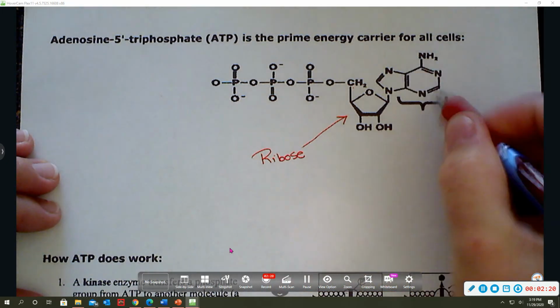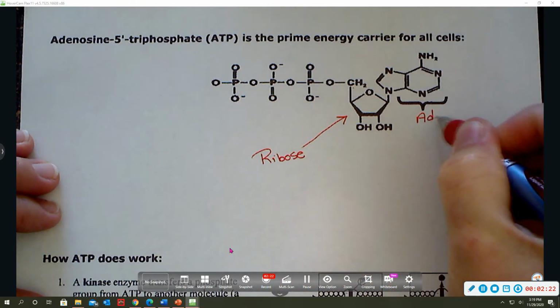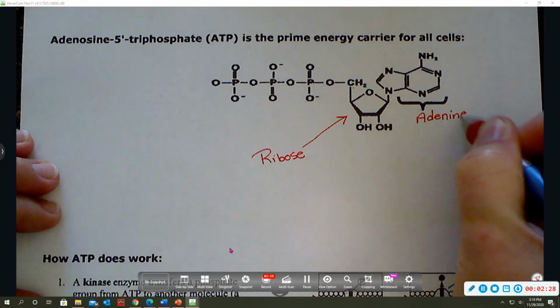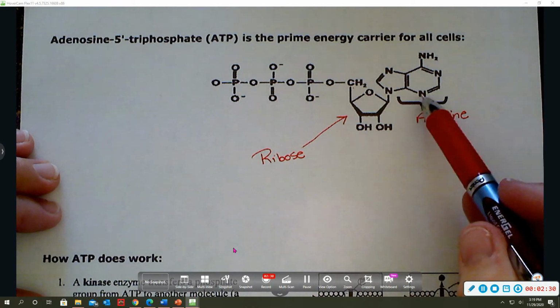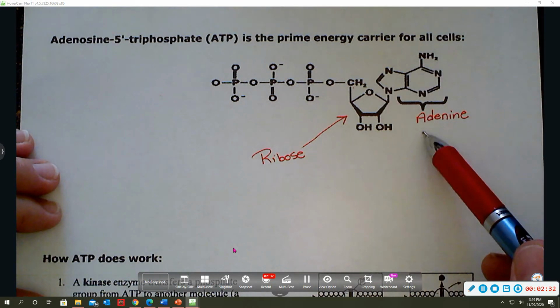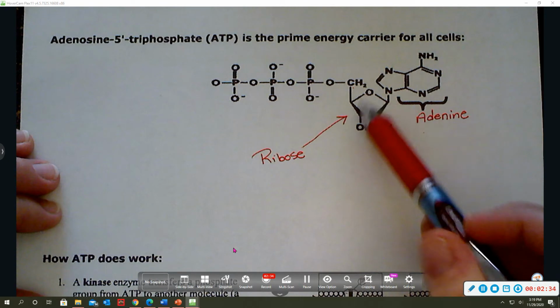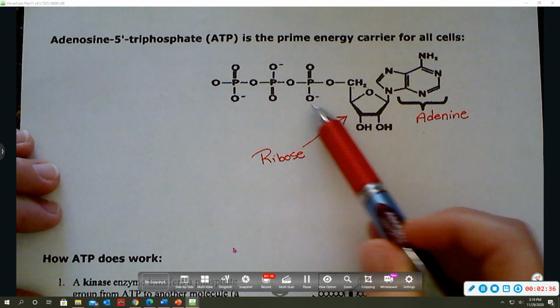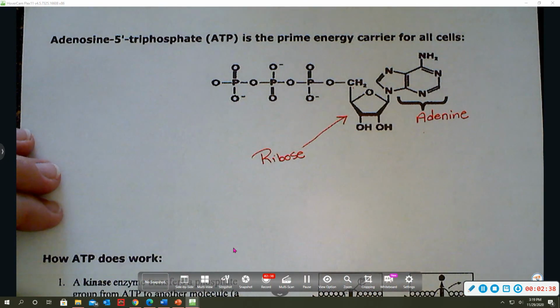This molecule up front here is the same molecule that is actually in DNA. It's called adenine. It's called a nitrogenous base since there's so many nitrogens. So we have adenine, we have the simple sugar ribose, and then we have 3 phosphate groups.